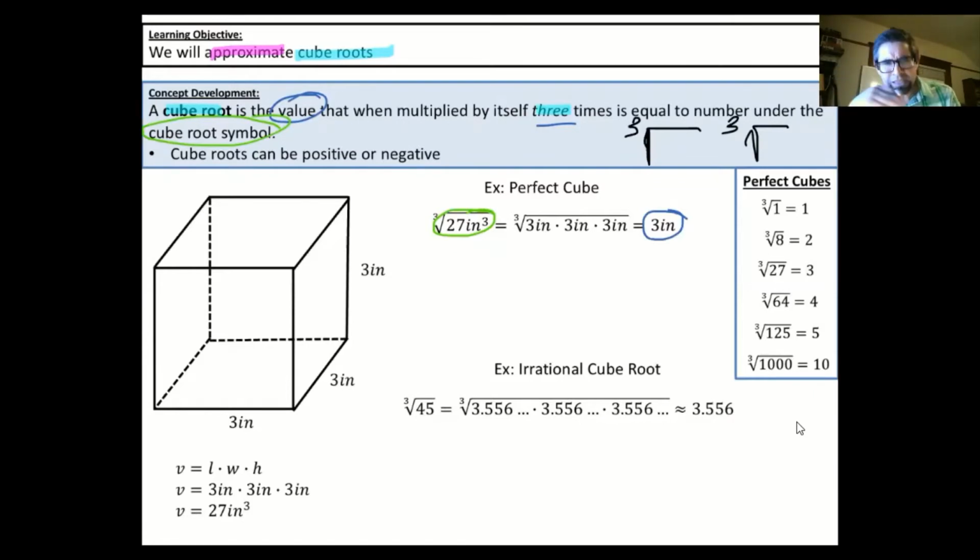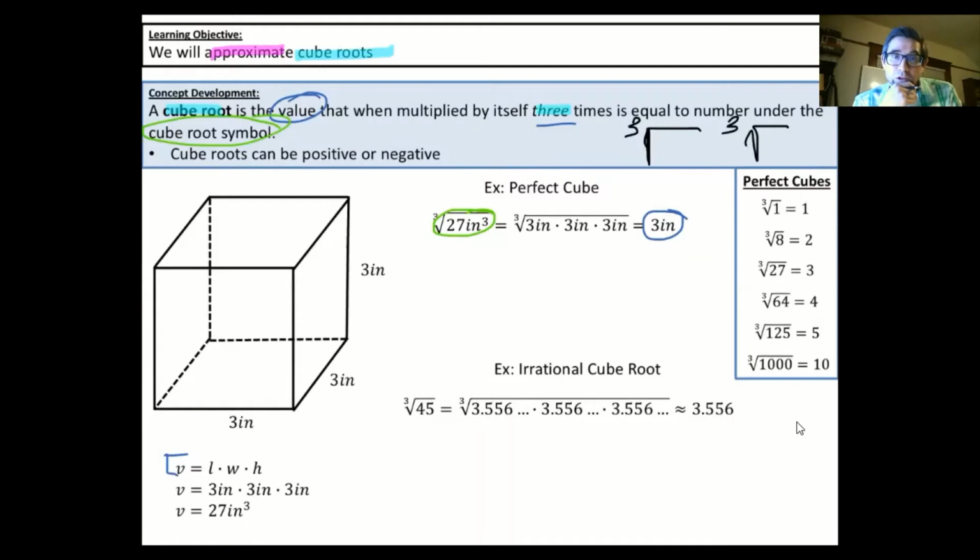Now, it's very helpful to think about this geometrically also. So I have an example here where I have an actual cube, a 3-dimensional object. Now, the volume of a cube is this formula right down here. Volume equals length times width times height. That's how we calculate a volume. And volume is the space inside, or how much space an object takes up. Now, what if I wanted to find one of the lengths of a cube?